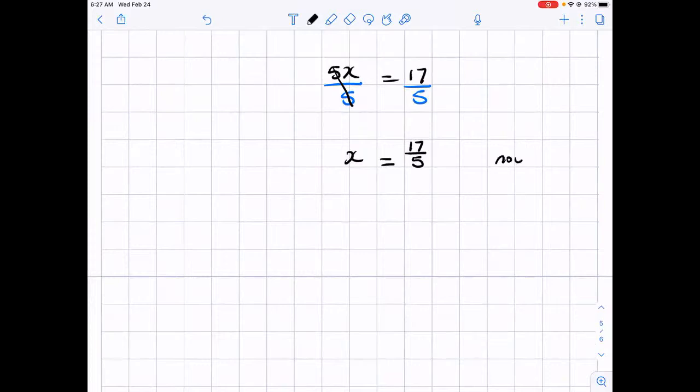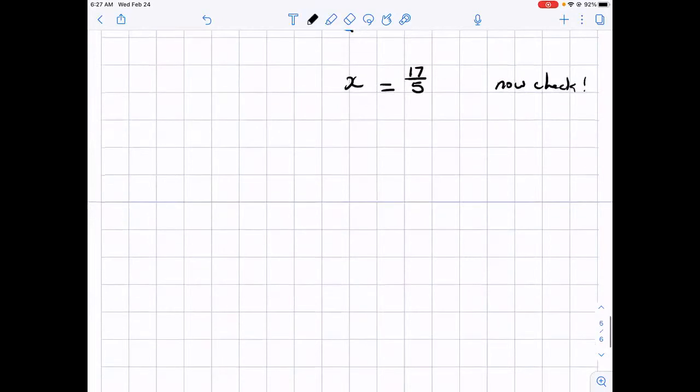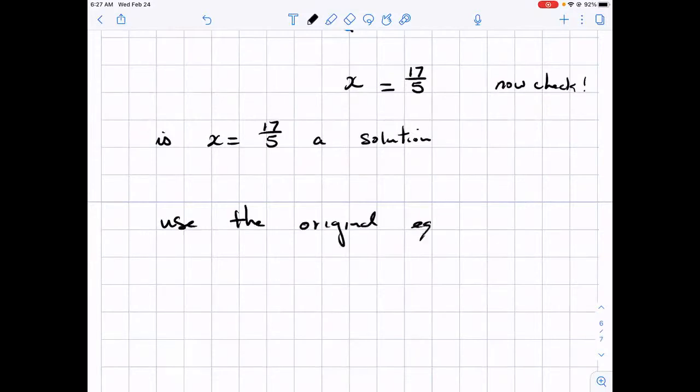So now, check. Now we want to check this. So let's check, is x equal 17 over 5 a solution? That's what we want to check. So we go back to the original equation, use the original equation.